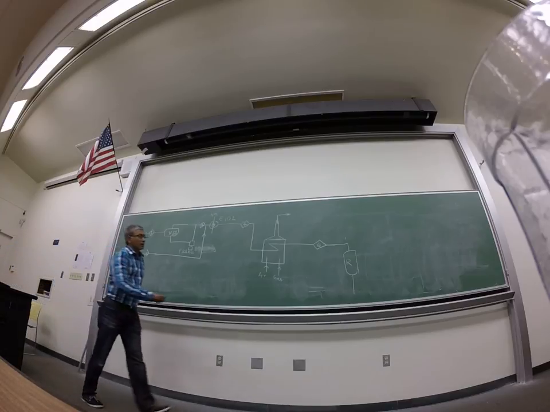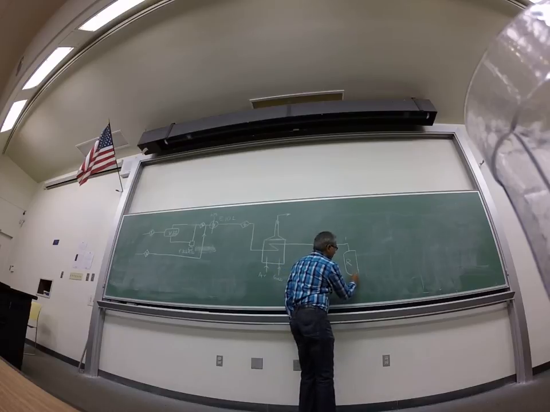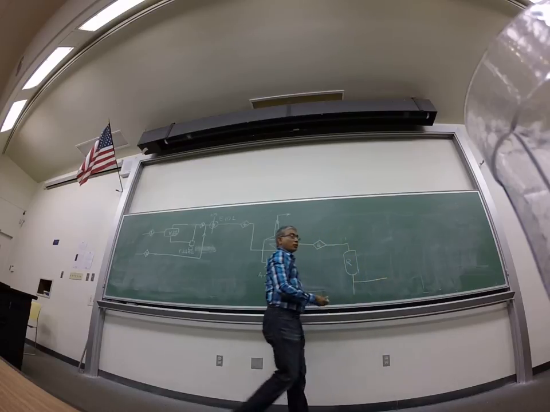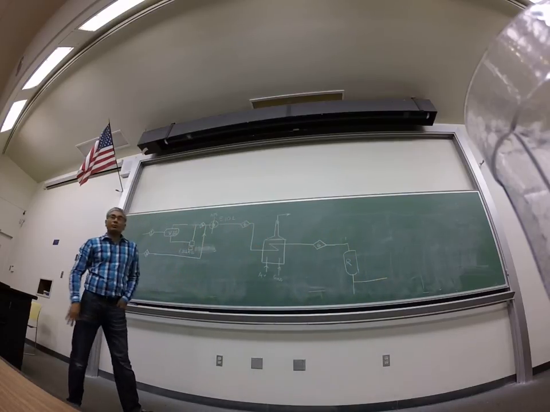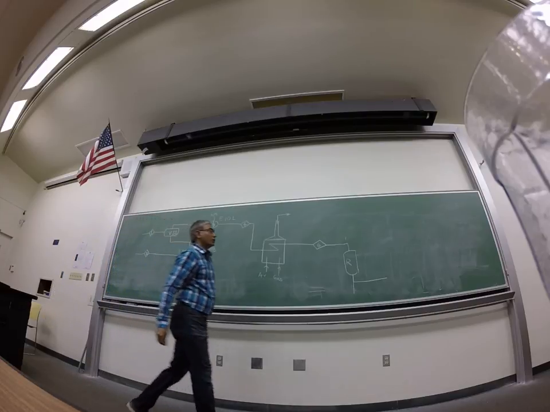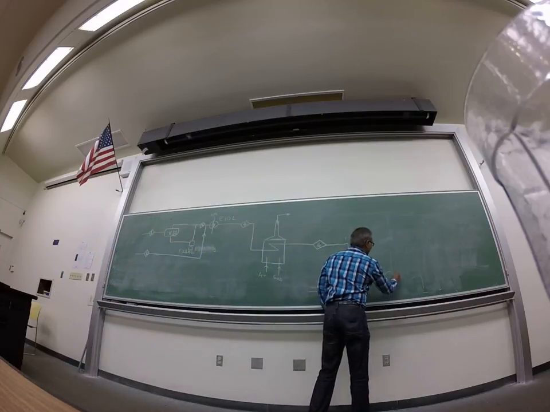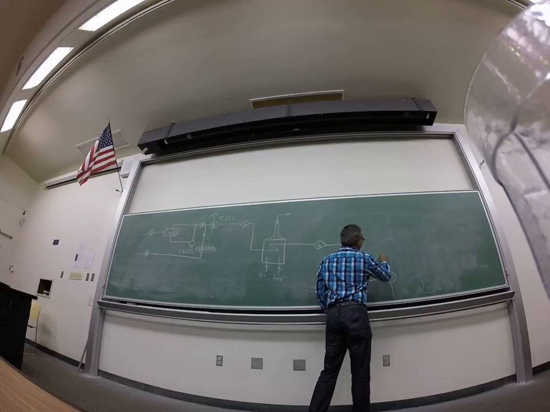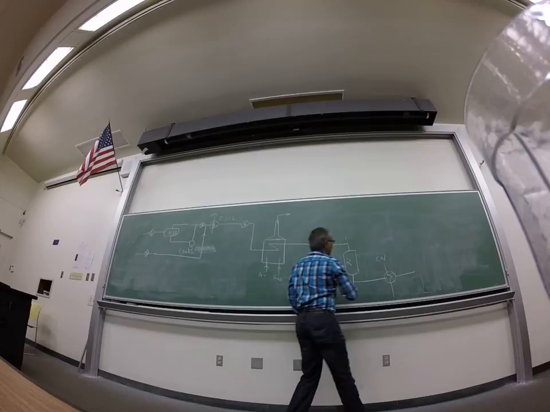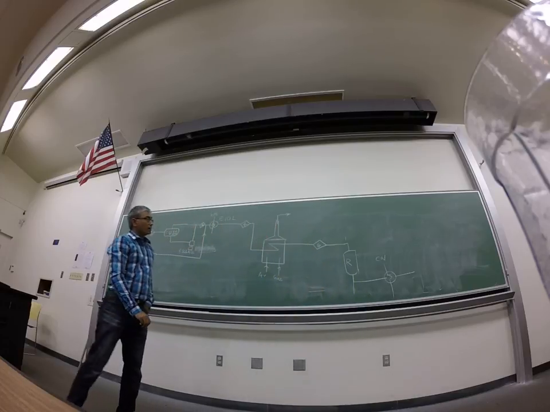So you have one stream here, which now goes to the cooling water because this is a reaction product. This is going to be very hot. So it goes to another heat exchanger. This is cooling water. What comes out is basically cooled.